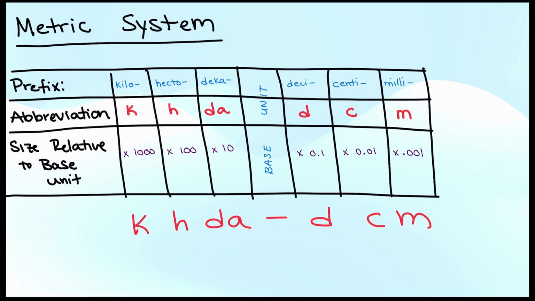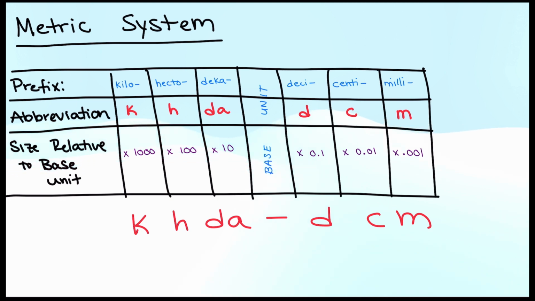And so I just wrote down below my table in red the abbreviation for each of my prefixes: K for kilo, H for hecto, DA is deca, and then I leave space for our base unit. The base unit means you could just have grams or liters without a prefix. And then D is deci, C is centi, M is milli.